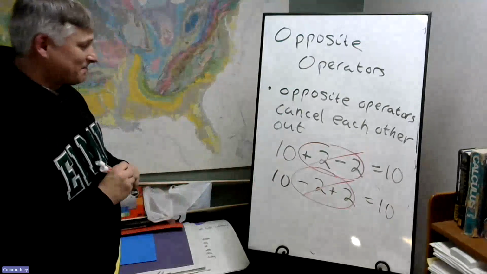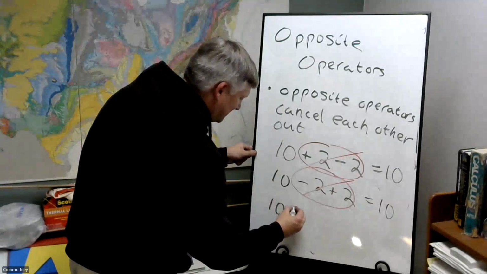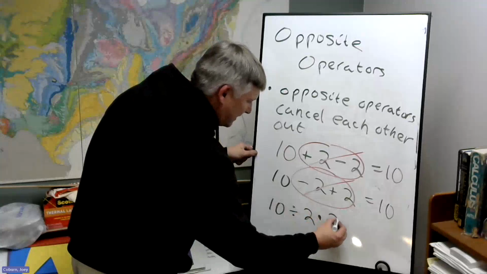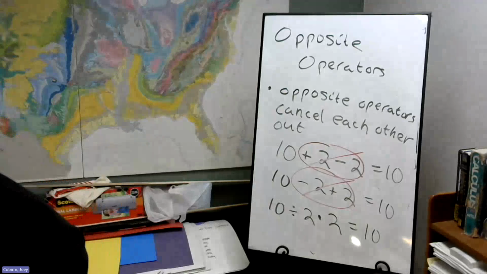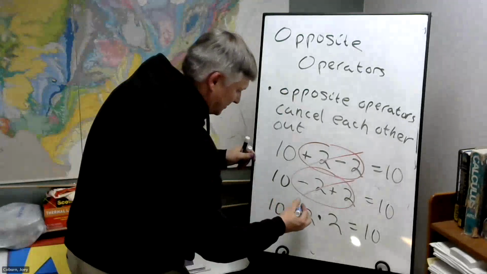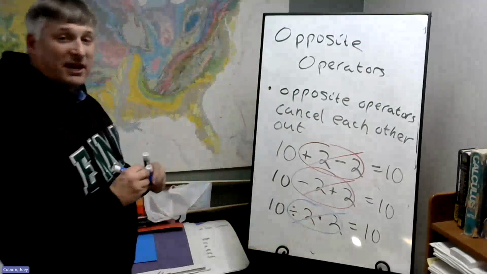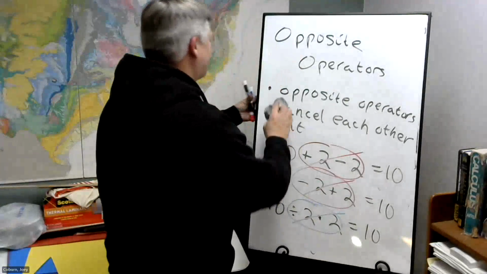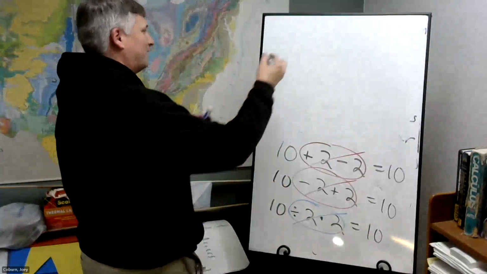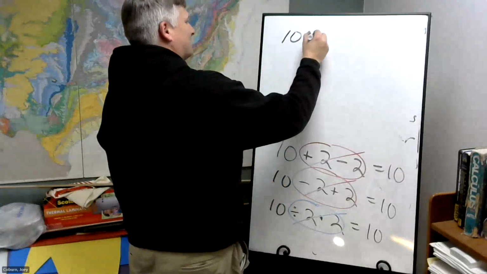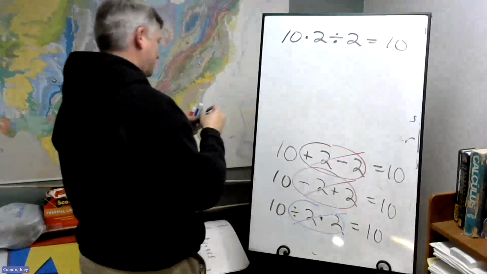They cancel out. 10 divided by 2 times 2 is 10. And now we're working with another pair of operators. Those cancel out. And then 10 times 2 divided by 2 is 10.